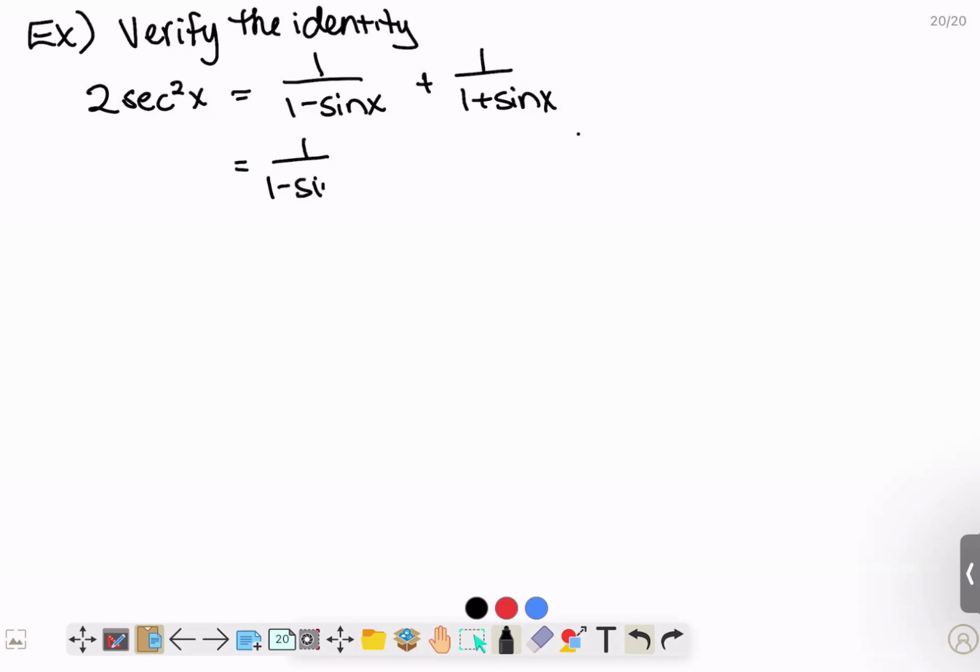Okay, this first fraction, what's missing in the denominator is going to be 1 plus sin x. So I'm going to multiply top and bottom by 1 plus sin x. And then in the second fraction, the denominator is going to be missing the 1 minus sin x, so I'm going to multiply the top and bottom by that.